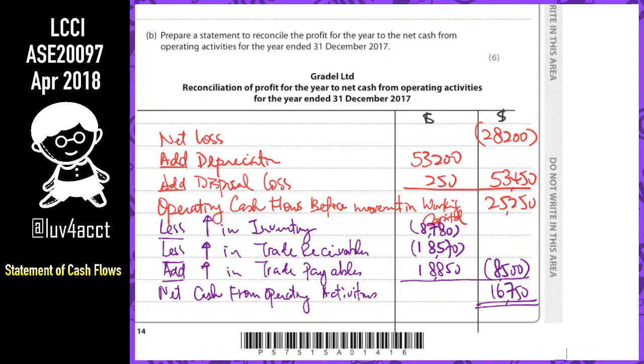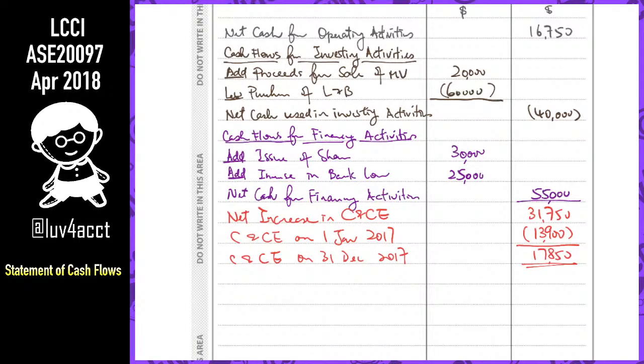Okay, how about the fourth type? We look at cash and cash equivalent. Okay, from a glance, it seems that our cash and cash equivalent had improved. Okay, from a very large negative balance 13900 to positive balance. Okay, and there is a great increase in the cash and cash equivalent, 31,750. Okay, but then if you take a closer look, you will see that most of the increase comes from financing activity.